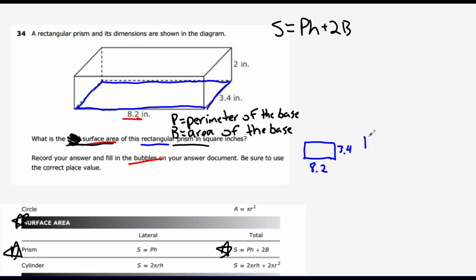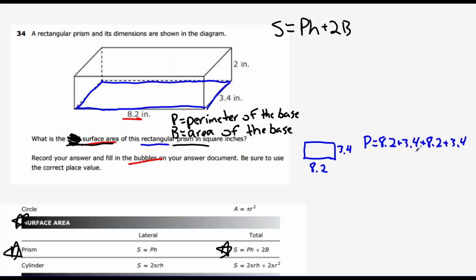Perimeter of anything is just all the sides added up together. Don't look for this on your chart. It's not there. Perimeter just means add up the sides. We have 8.2 plus 3.4. That's 2 sides. We have 2 more. It's a rectangle, they're all the same. It's 8.2 plus 3.4, so work that out.